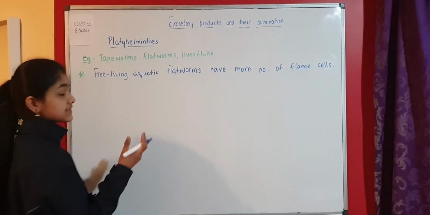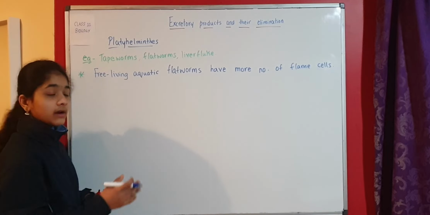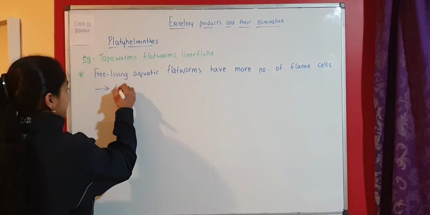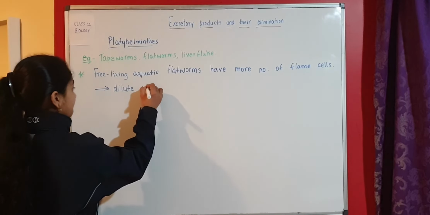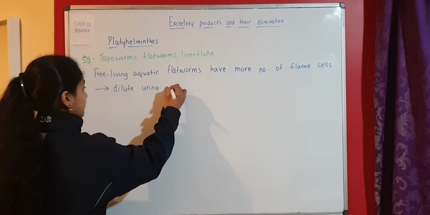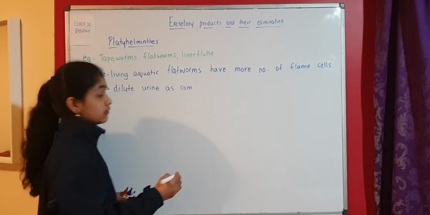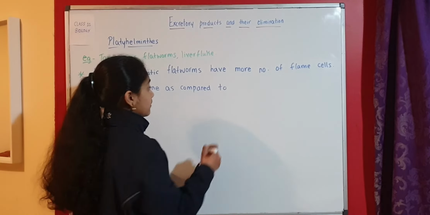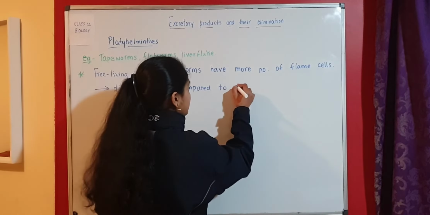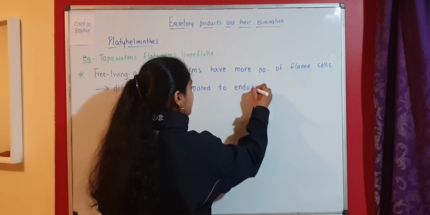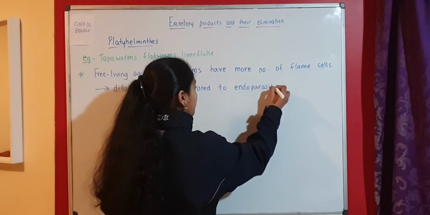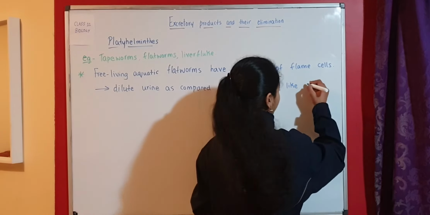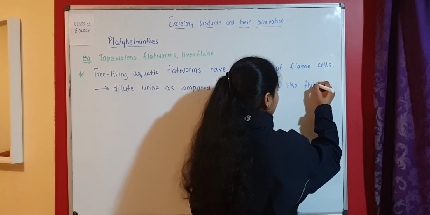So flame cells are the excretory structures in Platyhelminthes. Why do they have more number of flame cells? Because they have more dilute urine as compared to endoparasites like flukes, like liver flukes.